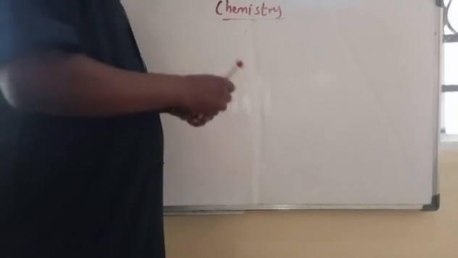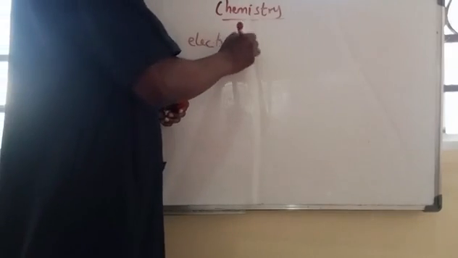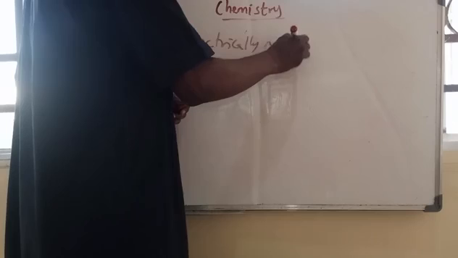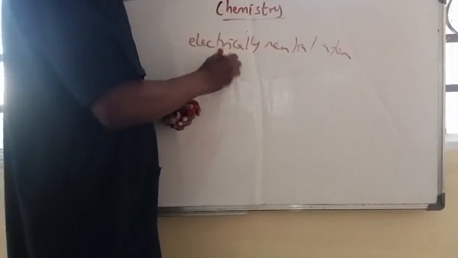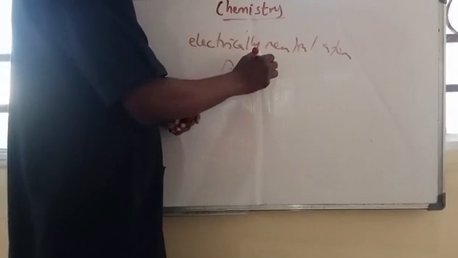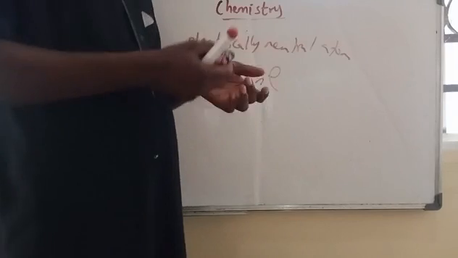So, in an electrically neutral atom, the number of protons is equal to the number of electrons, so that the net charge is zero.